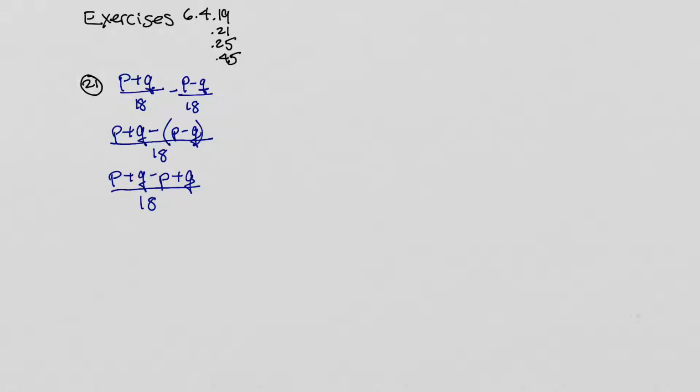And we've got q plus q, so we get 2q over 18, and the 2 and the 18 are both even. They have a 2 in common. So 2 will go into 2 once, 2 will go into 18 9 times, and what we'll have here is q over 9.